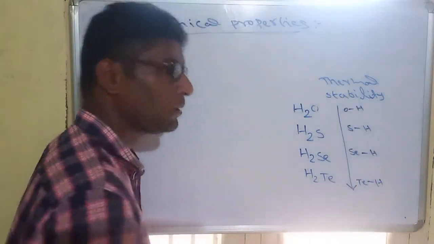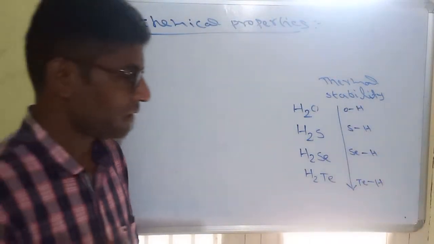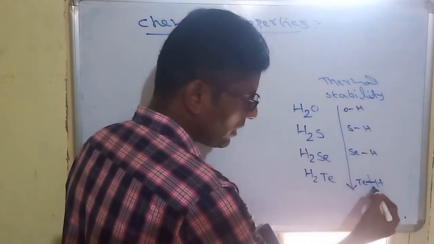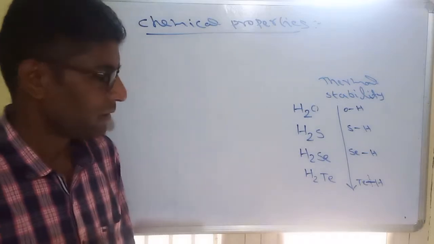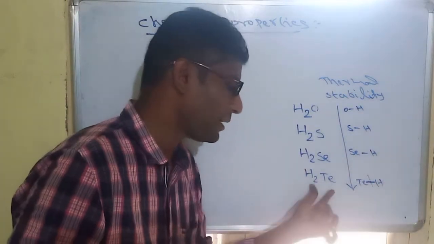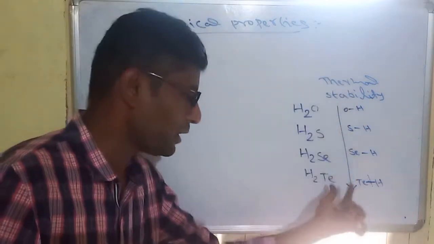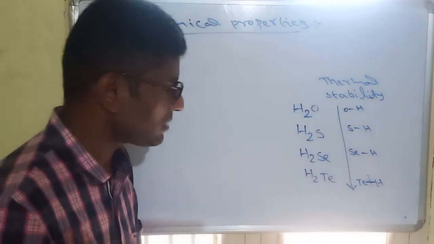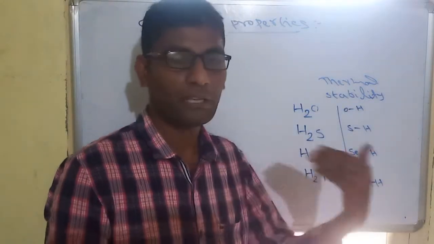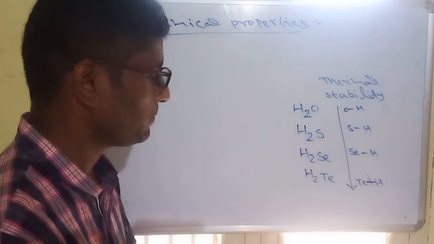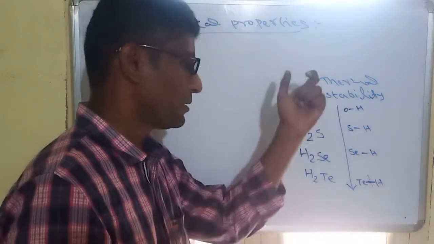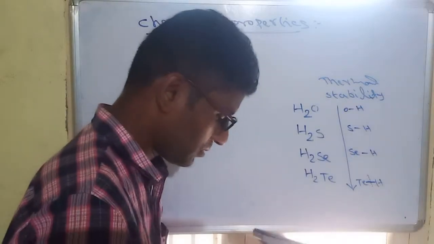So bond length increases from top to bottom. When bond length increases, the bond dissociation energy will be less. That means it is a weak bond, it can be easily broken, hence it is unstable. That's why thermal stability decreases top to bottom, due to increasing bond length and decreasing dissociation energy.